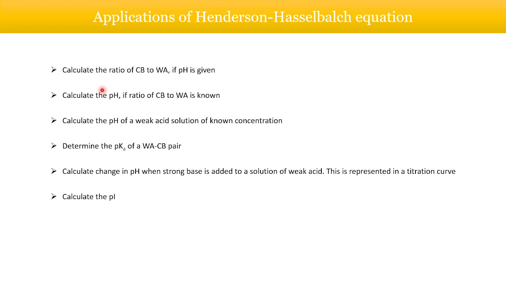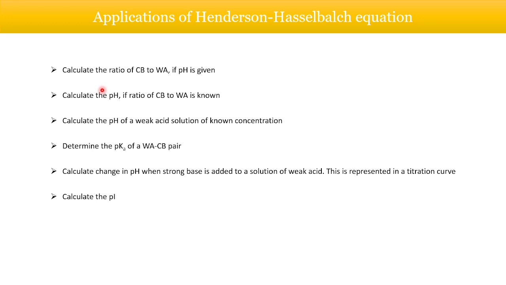Then we can determine the pKa value of this weak acid conjugate base pair. And on changing the pH when strong base is added to a solution of a weak acid, we represent this as the titration curve, and we will be observing the titration curves of a few amino acids in the future slides.